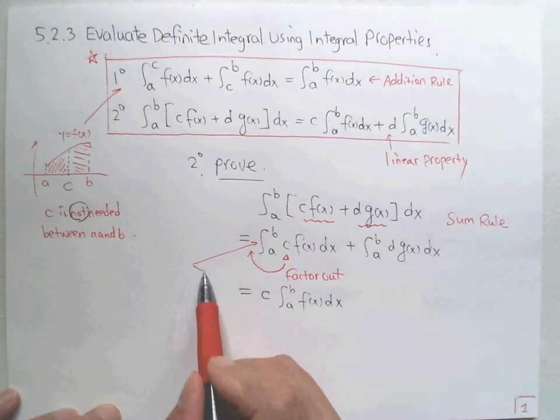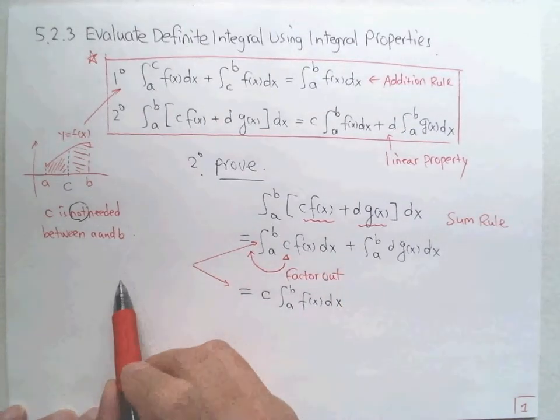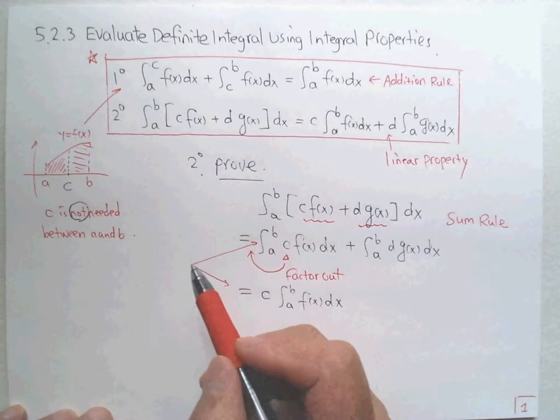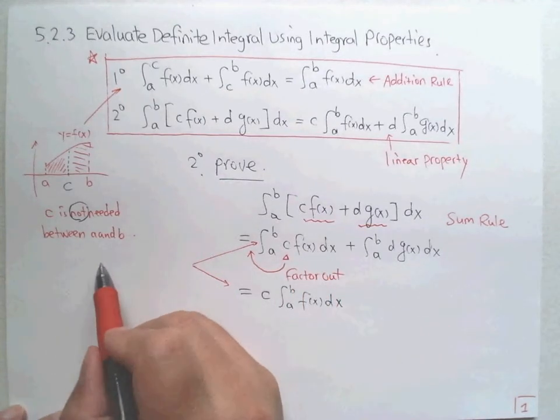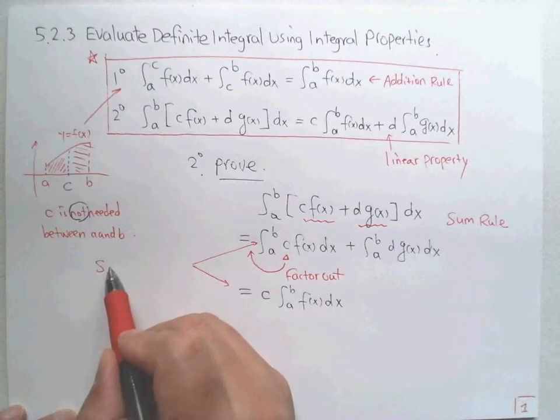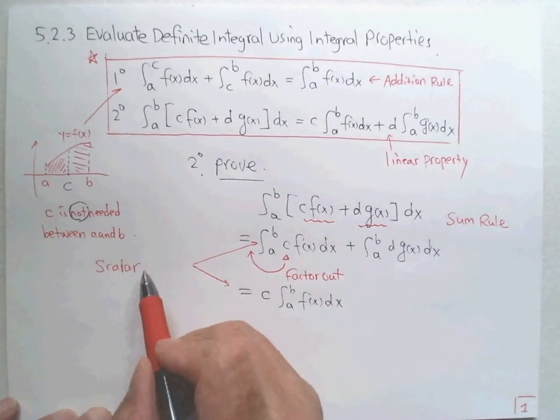We simply give it a name: the scalar multiplication rule.